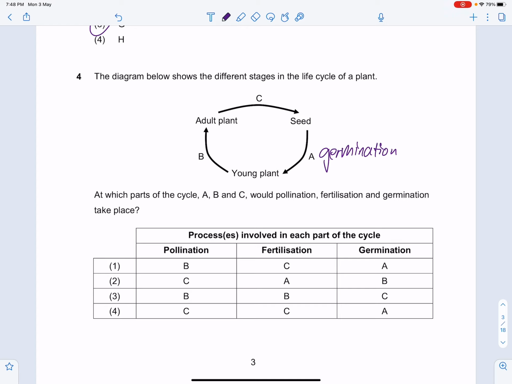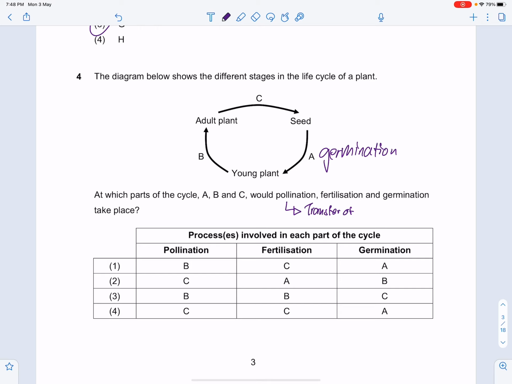Now I just want to be clear, pollination is a different process from fertilization. Pollination talks about how your pollen grains are being transferred from your anther to your stigma. I'm just going to very quickly write it down.